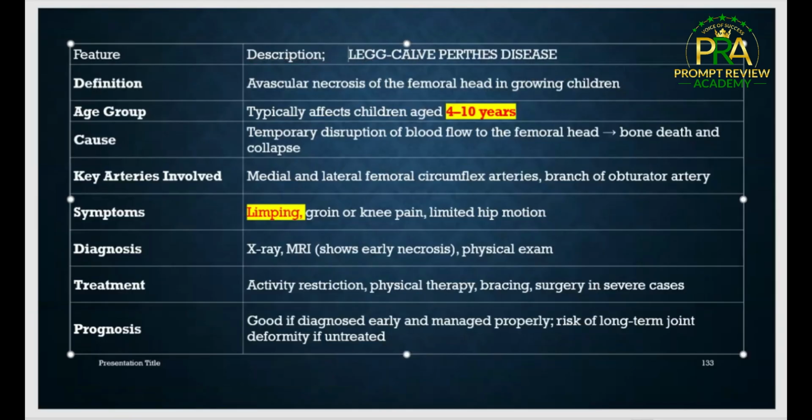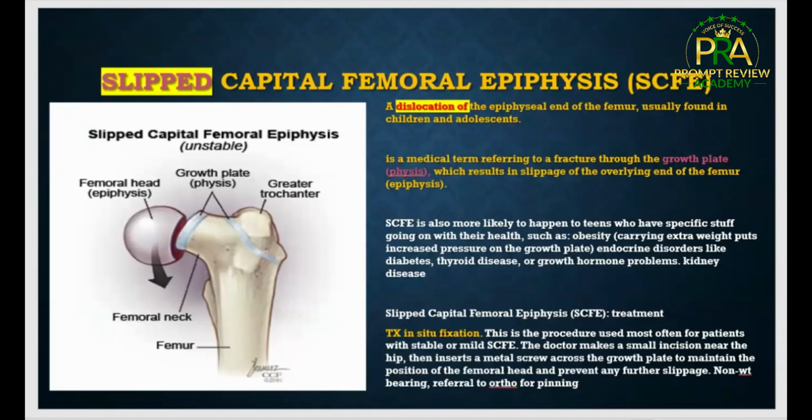Then the next one is slipped capital femoral epiphysis, and I said that there is a dislocation of the epiphyseal end of the femur. It's usually found in children and more in adolescents. It can be referred to as a fracture through the growth plate.